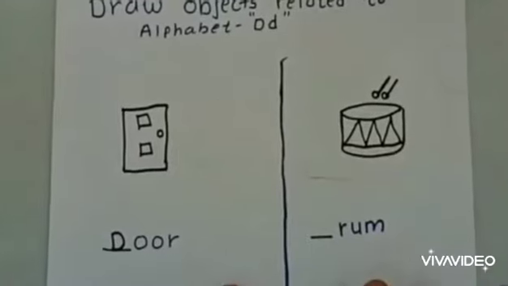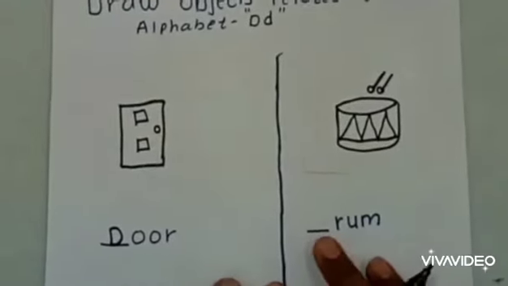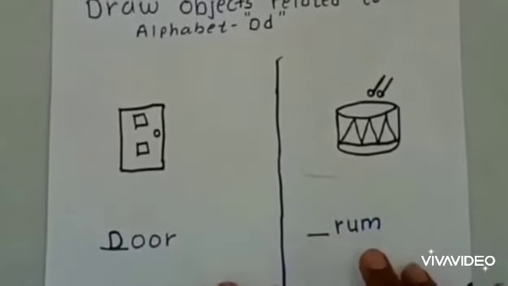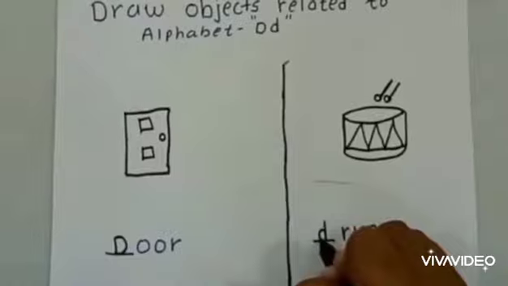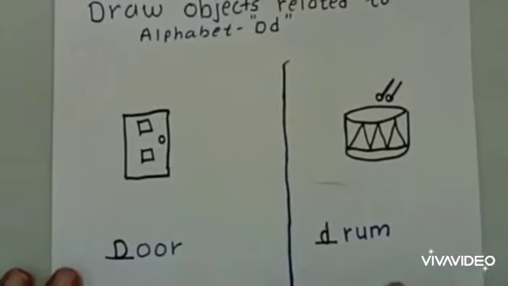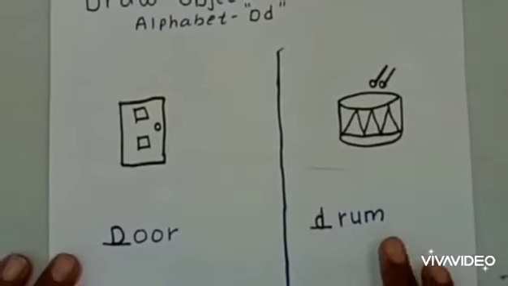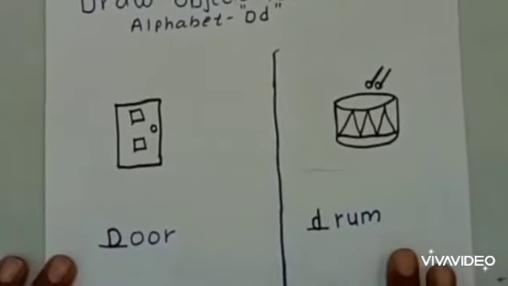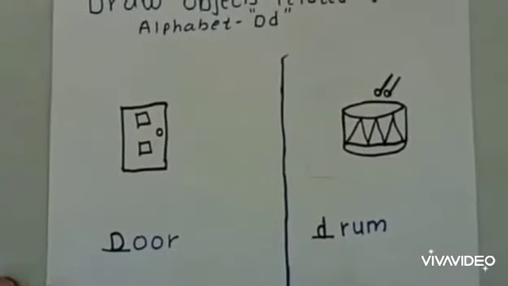Now we will write a small d in this space. So D for drum. D for drum. So our picture is ready.